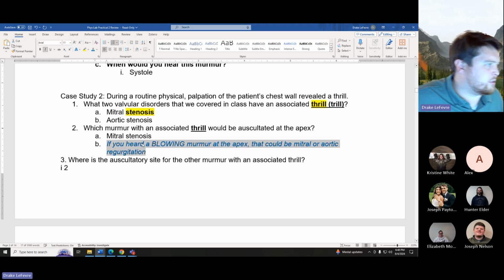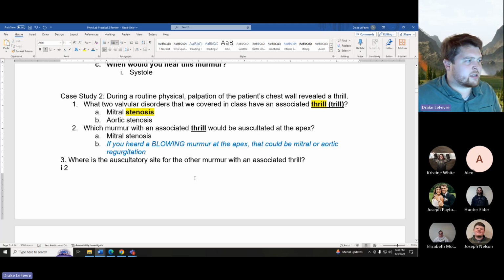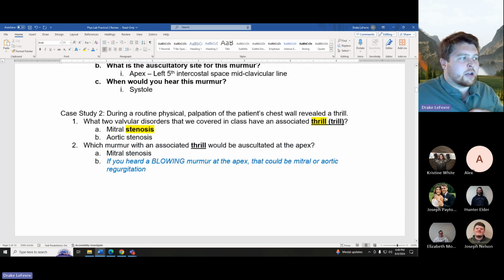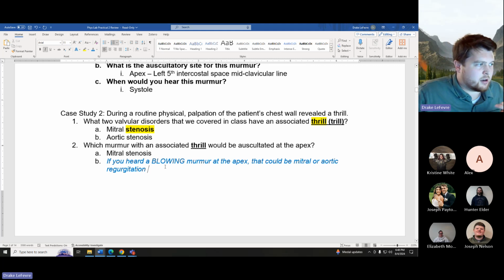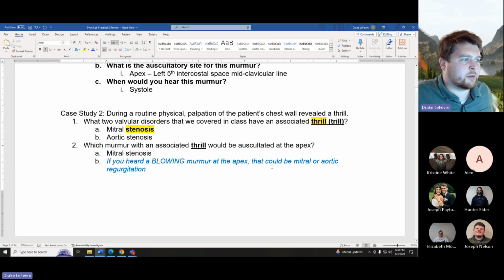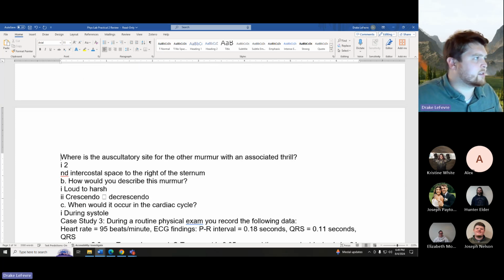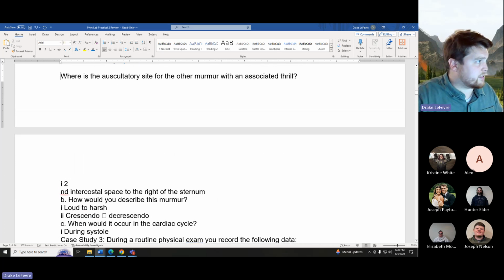This is why you'll just double check all of the rest of the information. If it mentions anything specific about hearing something on the second intercostal space on the right side, or anything else specific to mitral versus aortic valve, look at the rest of the information to determine that. And get as much practice in as we can.